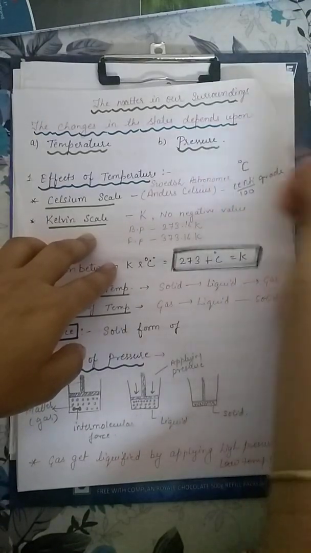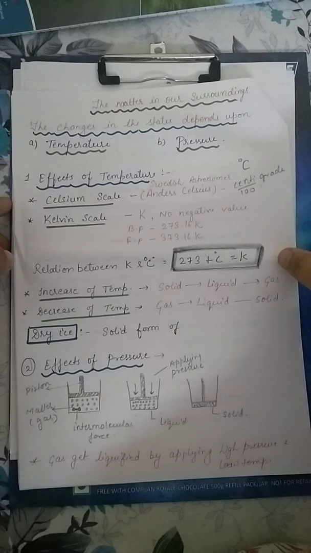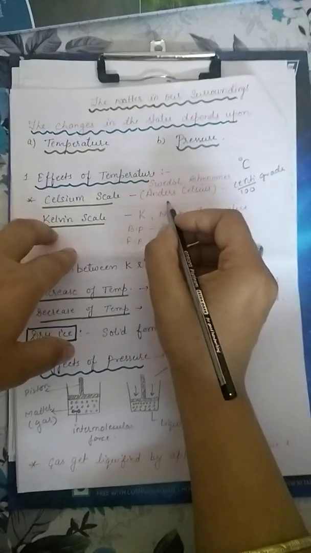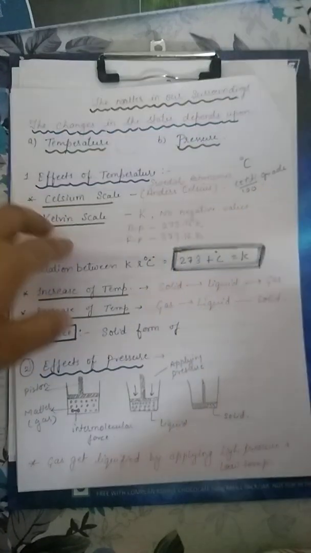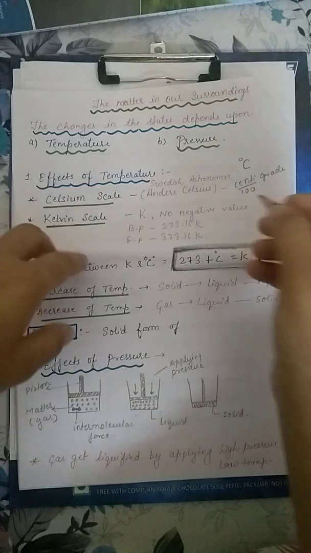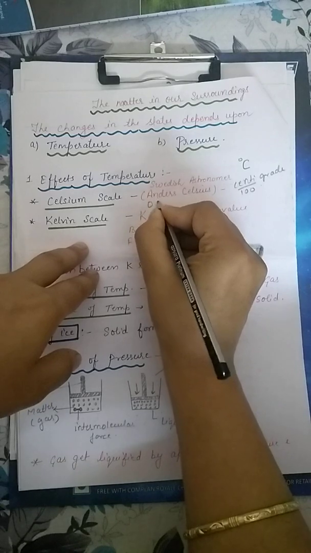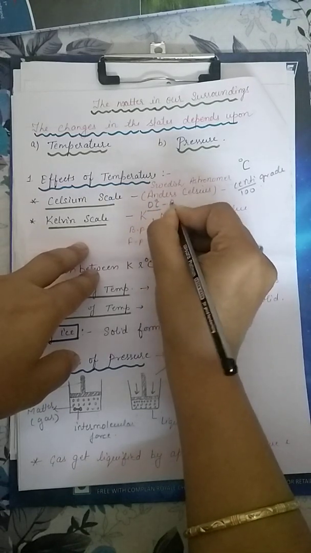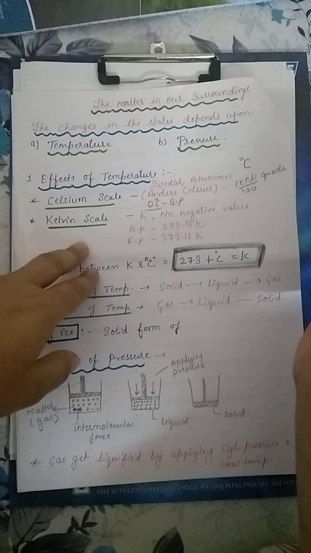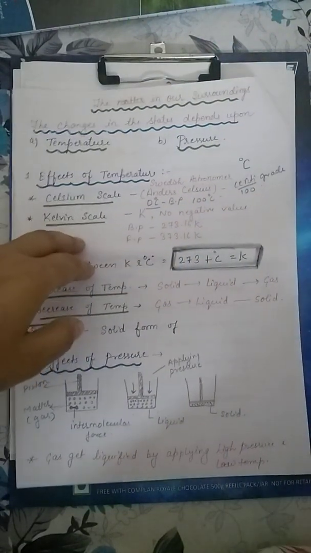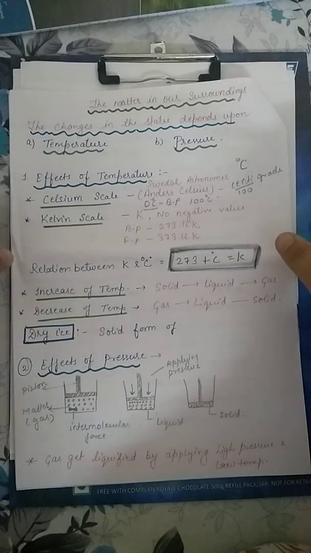This is the symbol for the Celsius scale, and it was discovered by a Swedish astronomer called Andreas Celsius. In the Celsius scale, the freezing point is 0 degree Celsius, at which water gets converted into ice, and the boiling point is 100 degree Celsius, at which water gets boiled.